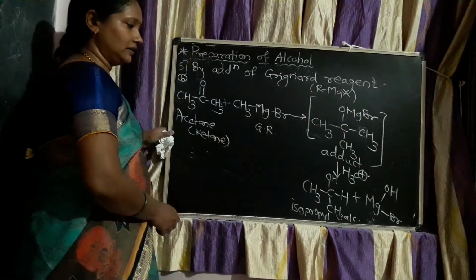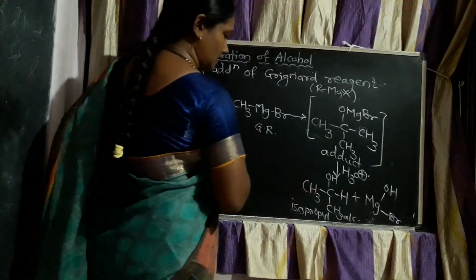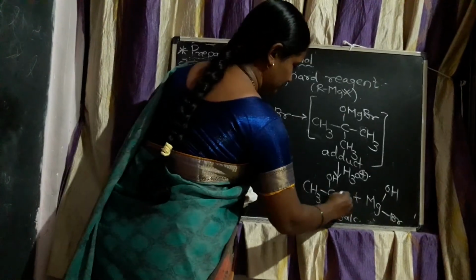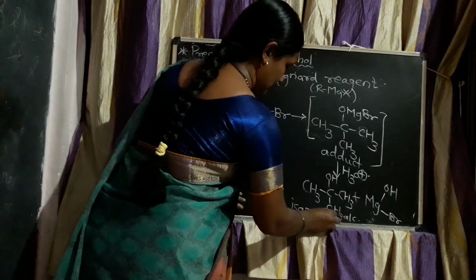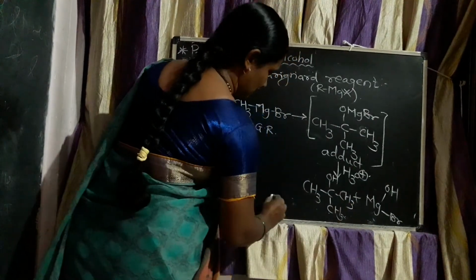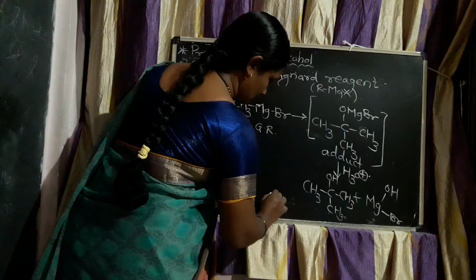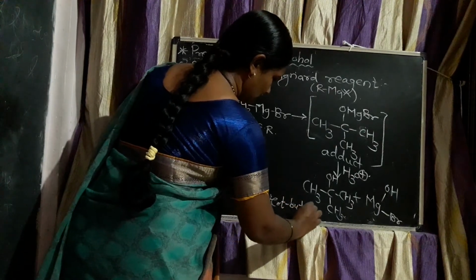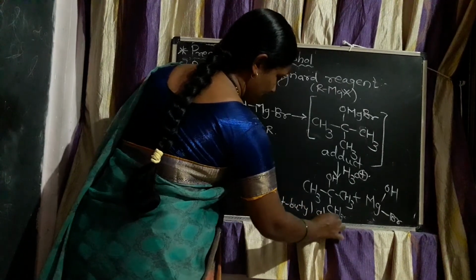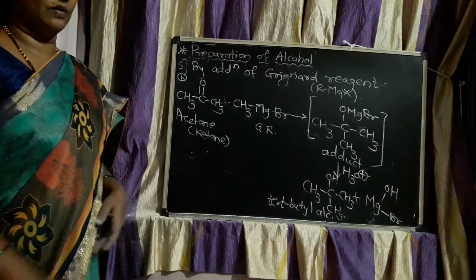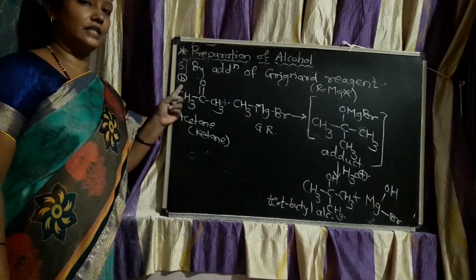It is the adduct, which on acid hydrolysis forms the tertiary butyl alcohol. Now this is the second sub-reaction.